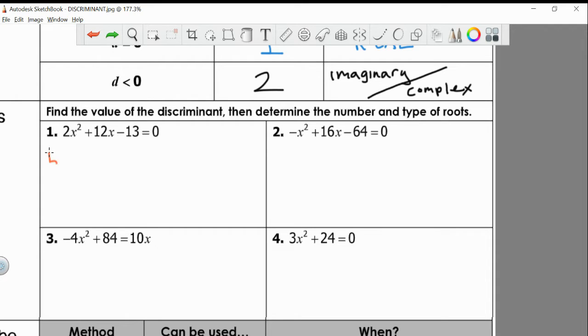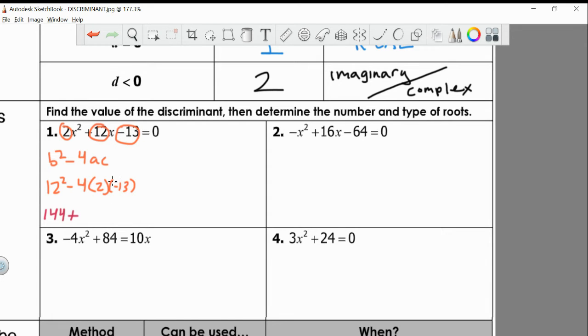And we can say b squared minus 4ac. That would be b squared minus 4 times a times c. And then we could do this math, right? 12 squared is 144. Minus, plus, minus. That's going to make a plus.